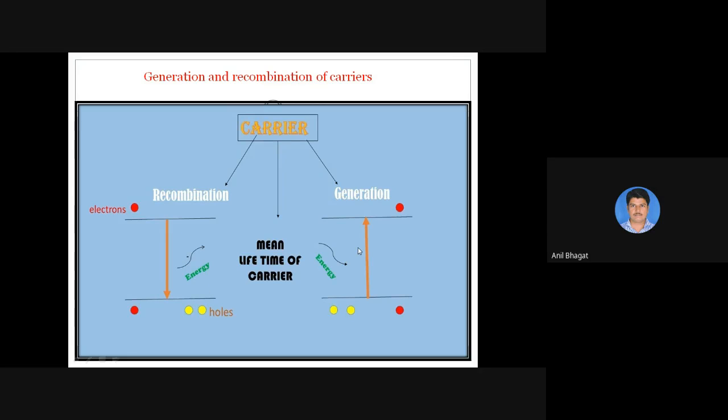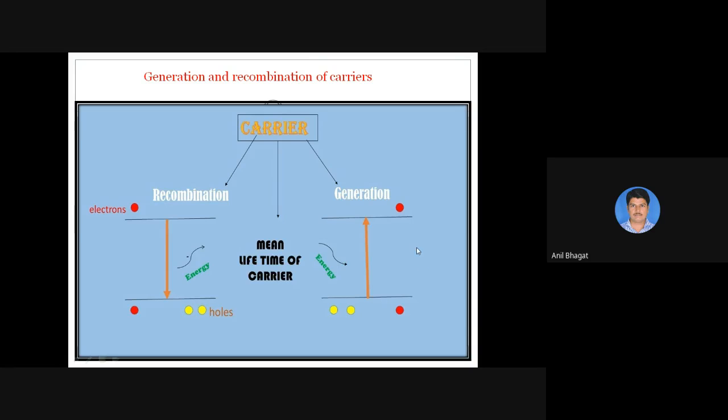So here we mean the lifetime of the carrier. The lifetime of carriers is always in between generation and recombination. When we need energy, we recombine. In an LED or diode, we do not generate, we recombine. So in an LED we recombine the electron hole pairs across the forbidden gap. But generation is nothing but moving the electrons from the valence band to the conduction band, and it takes some energy for that process, right?